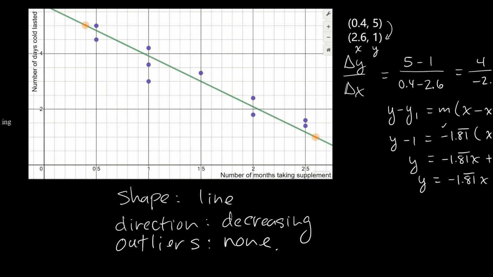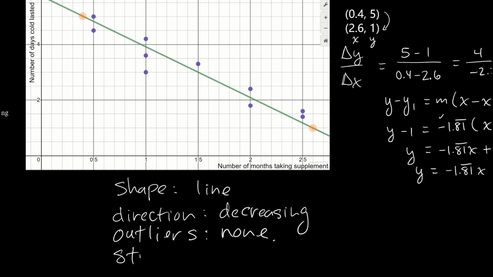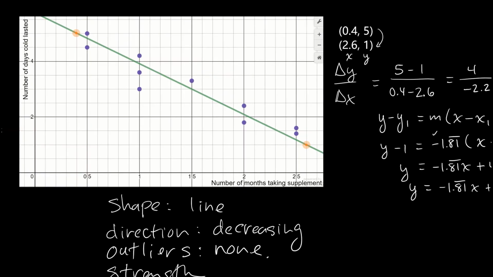And then the other thing, let's see, shape, direction, outliers, and strength. I could talk about the strength. It's a small data set, but I'm looking at it. There's some variation, especially with these particular points in here. They're a little further away.